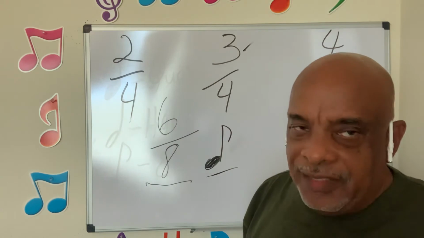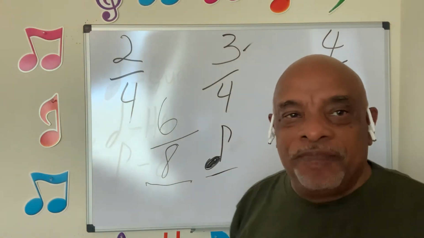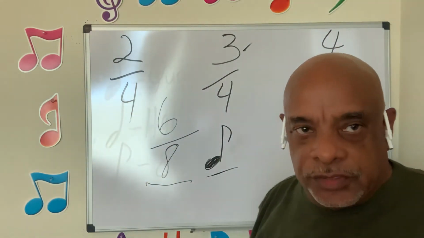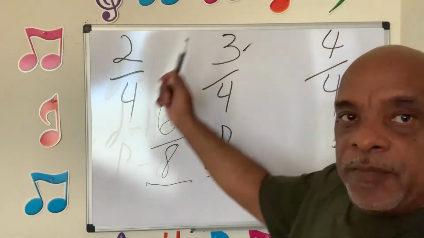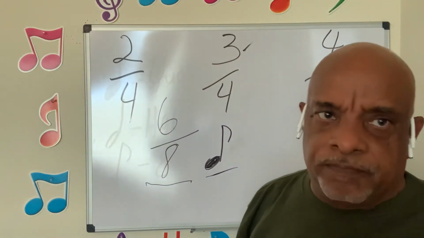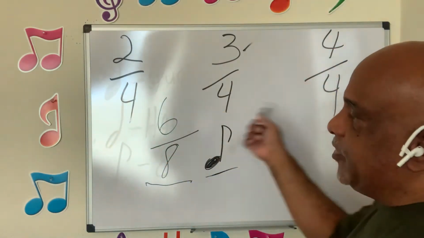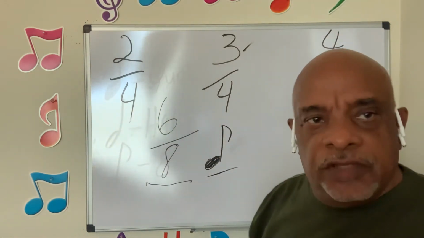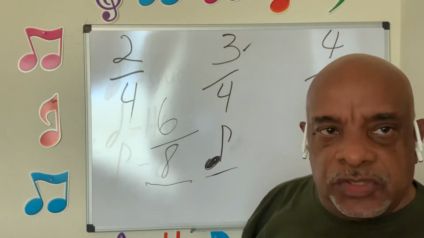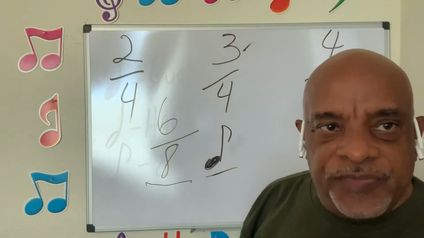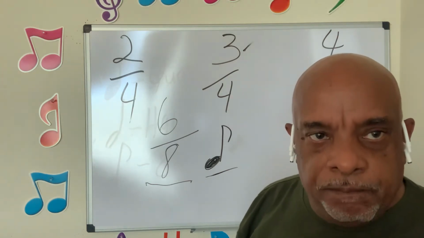I'm going to say it one more time, all right? In your time signatures, your top number tells you how many beats there are in a measure. If there is a 4 at the bottom of your time signature, that tells you that a quarter note gets 1 beat.